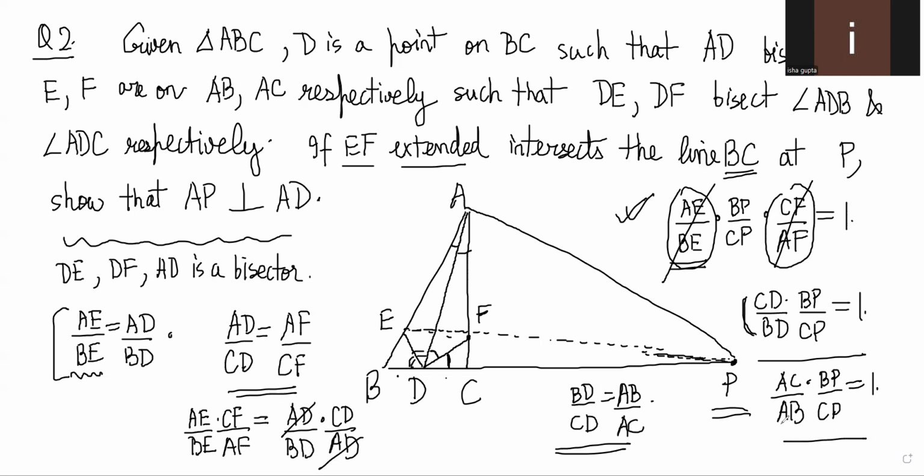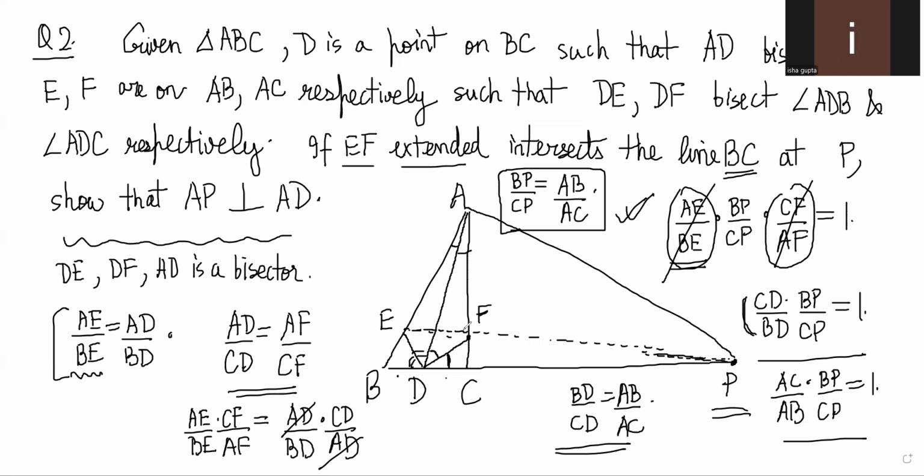So what we are getting now is BP by CP is equal to AB by AC, correct? Combining Menelaus and the angle bisector relations, right? So BP by CP is coming out to be equal to AB by AC.